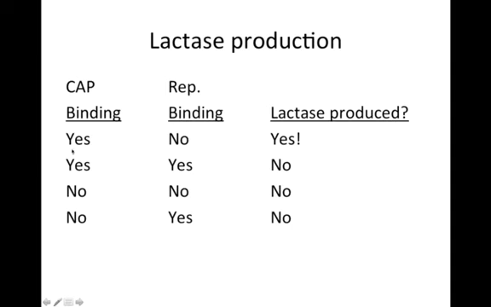So we only want to do it when both of these signals are saying, yes, go ahead: there's no glucose and there is lactose, so do produce lactase. This will become clearer as we go along, but I first wanted to point out the way that these two signals get integrated into production or non-production of lactase.